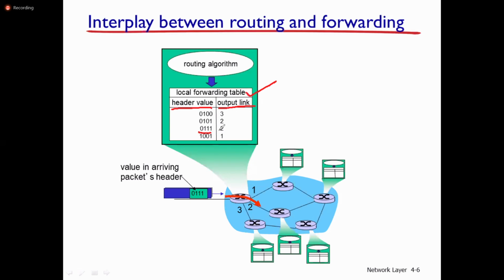The 0311 packet is handed over to output link 2. Value in arriving packet header is 0311. If it is 0311, it is handed over to output port 2, or output link 2. That is forwarding. So which input is connected to which output is specified by forwarding.